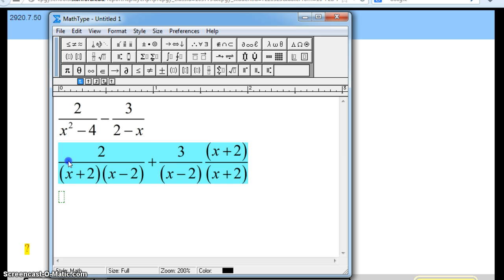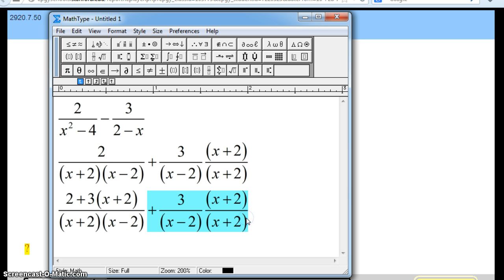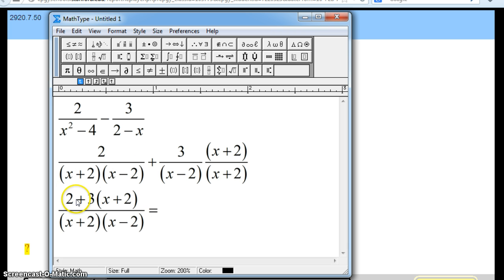So let's combine this now. It becomes plus 3 times x plus 2. Sorry, let me get rid of this. Okay, so this should be our new fraction with one denominator, right? We combine these fractions, so it's 2 plus 3 times x plus 2. And let's see what that equals if we can combine anything.